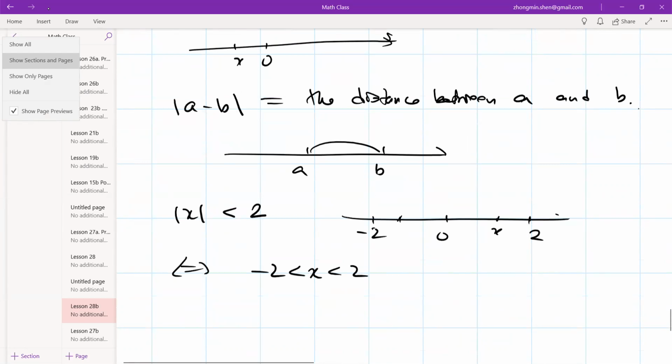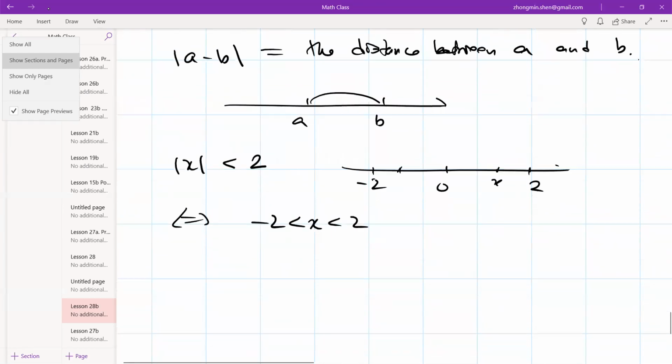So the one single inequality becomes two inequalities if you remove the absolute symbol. Just because any x between negative 2 and positive 2, the distance between x and the origin is always less than 2. Okay? So we can use that to solve inequalities.